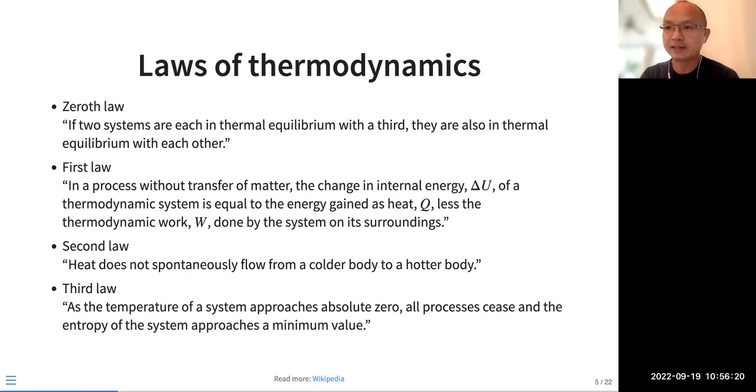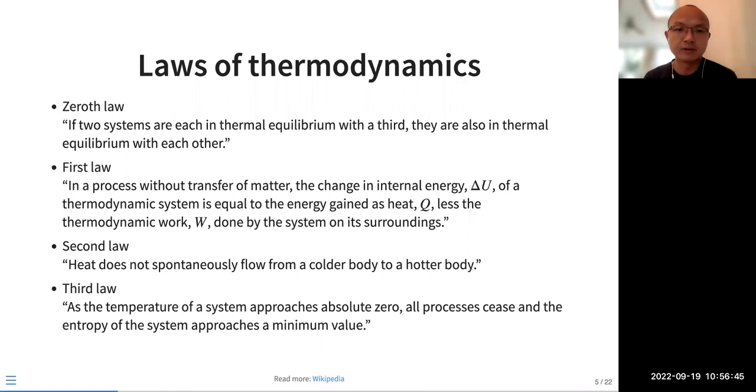So this is a refresher of high school physics. There are laws of thermodynamics, right? The Zeroth law basically talks about if two systems are each in thermal equilibrium with a third, they are also in thermal equilibrium with each other.